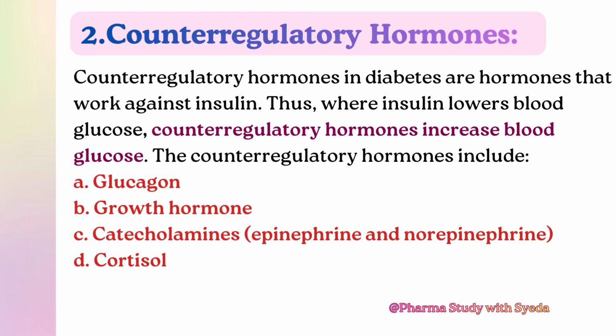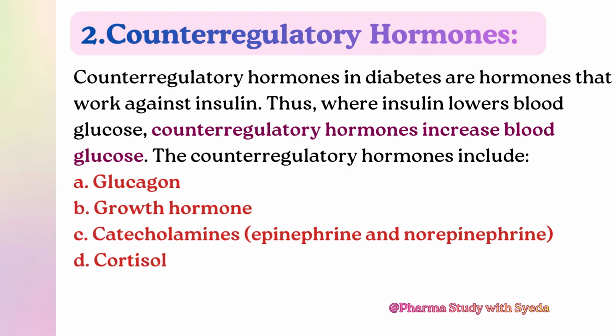Let's understand counter-regulatory hormones in more detail. Counter-regulatory hormones are hormones that oppose the action of insulin. While insulin lowers blood glucose by promoting its uptake into cells, these hormones increase blood glucose levels, especially during fasting, stress, illness, or hypoglycemia. The main counter-regulatory hormone is glucagon, which stimulates the liver to release stored glucose and produce new glucose.